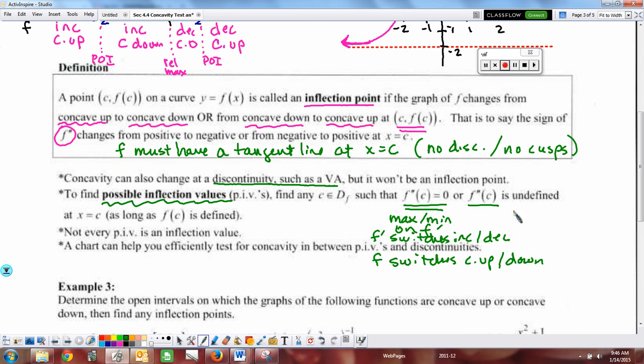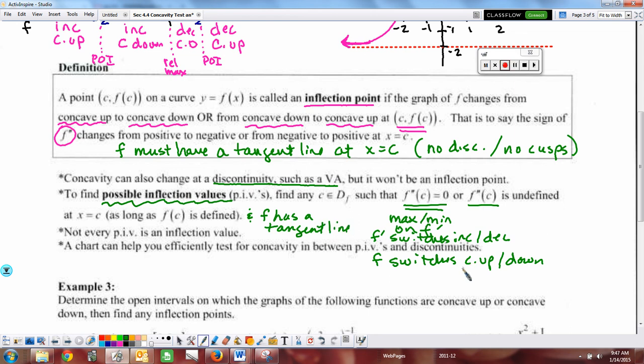Or the second derivative is undefined, and notice that's just why it's saying possible. Notice it says as long as f(c) is defined, and I'm going to add that f has a tangent line so that we can be in line with what your textbook says.